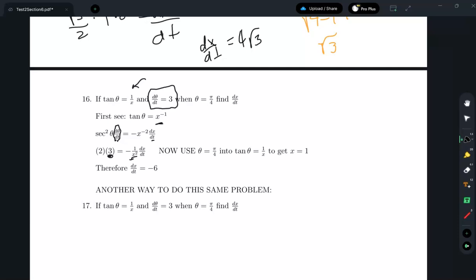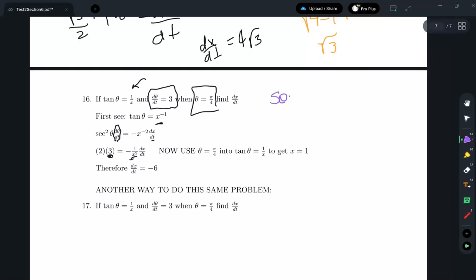And then I'm going to use the theta is pi over 4, I can just plug in. How did I think about that? Plug in to get x's. Oh, I needed to find the x. But also, remember, you're going to be plugging pi over 4 in, right? And this is something you're going to want to know.